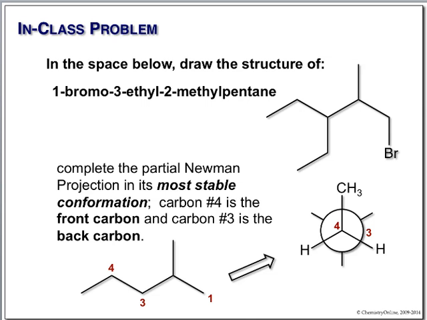Now we look at carbon 3. What's attached to carbon 3? Well, it's also a CH2. So we're going to have 2 hydrogens, and this thing, well, that's just an isopropyl, isn't it? Again, we want the most stable conformation. So we want the isopropyl and the methyl to be anti to each other.